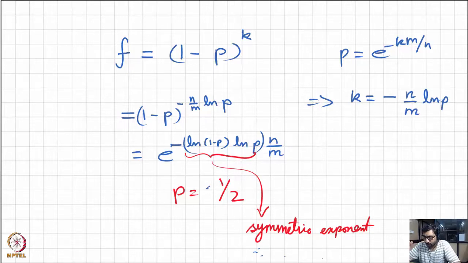This actually has a very nice intuition. What this tells us is that the Bloom filter works best when about half the bits in the Bloom filter are set to 1 and the remaining half is set to zeros. Such a Bloom filter will essentially look like a random bit string.